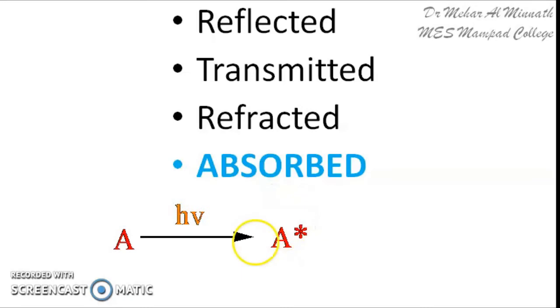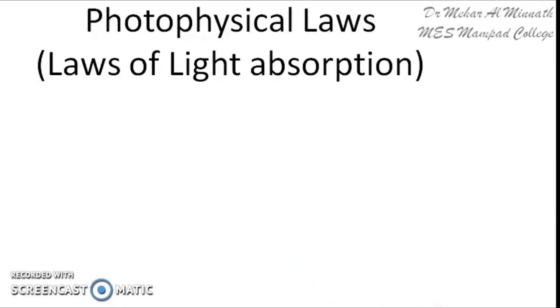Now, the major change is that the molecule gets excited to an electronically excited state. The molecule absorbs light and goes to an electronically excited state. The phenomenon of absorption can be explained based on photophysical laws, or laws of light absorption.